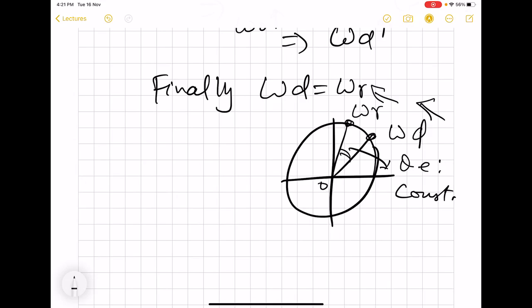And in some special cases, this might also be equal to 0. This will happen only rarely, but in general, this is what will be guaranteed. So this is how qualitatively this PLL will be able to ensure the frequency equality, or in other words, the PLL will get locked.